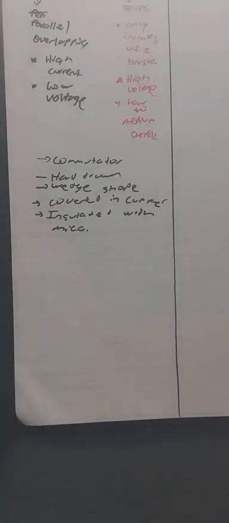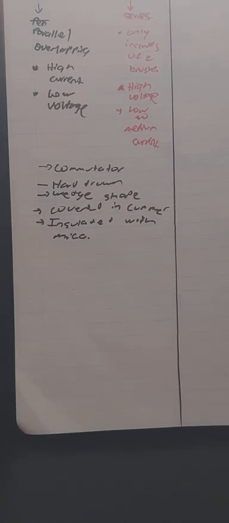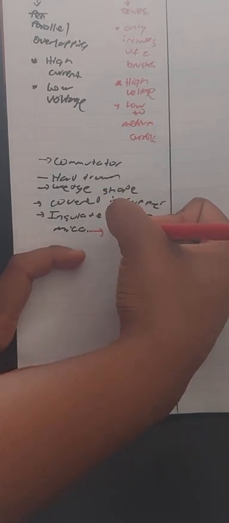Okay guys, it is very hard. It is wedge shape and it's covered in copper and insulated with mica. Why is it insulated with mica? It is insulated with mica because mica can withstand high temperature.